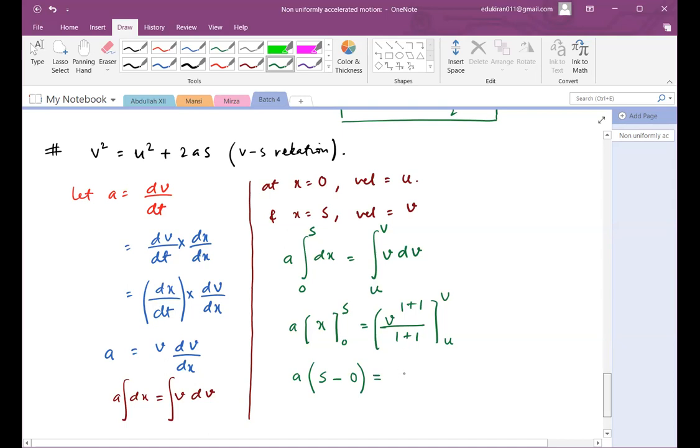If you put the value of v, upper limit, it will be v square, lower limit, it will be u square, and there will be a negative sign in between, whole divided by 2. Move this 2 to the other side, it will become 2as is equals to v square minus u square. Move this minus u square to the other side, you will get v square is equals to u square plus 2as.